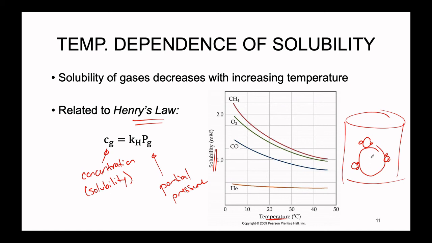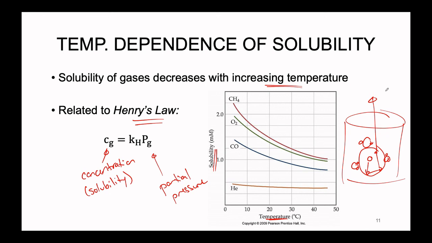Gases are very different because a gas particle inside of this increasingly open space, also being impacted by the increasing temperature, will have more energy as well. And so a gas pinging around inside of this open area is going to gather the energy it needs to break through and escape. So whereas the increasing amount of space was stabilizing for solid solutes, it is actually destabilizing for gaseous solutes.